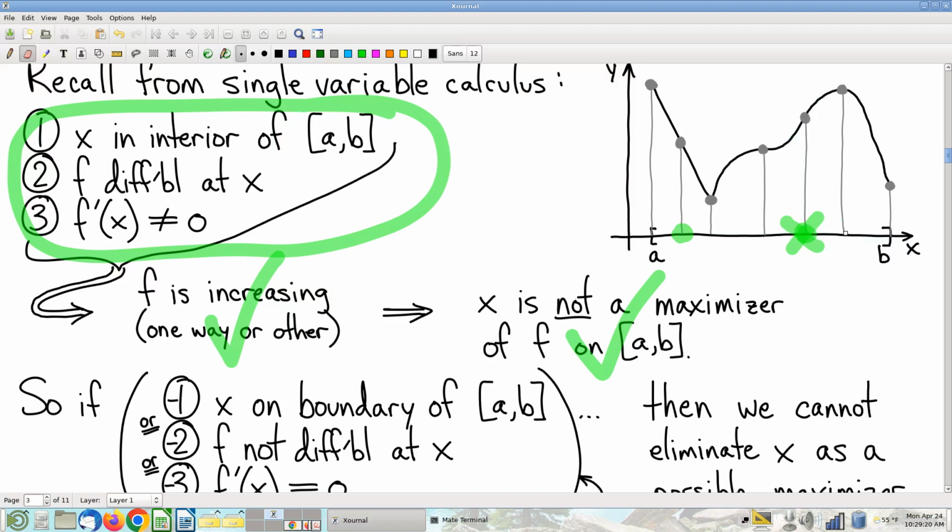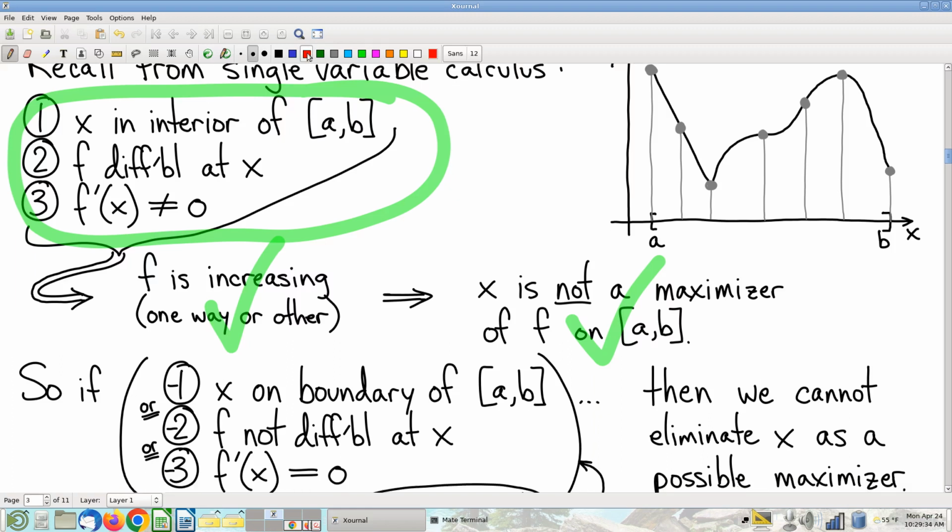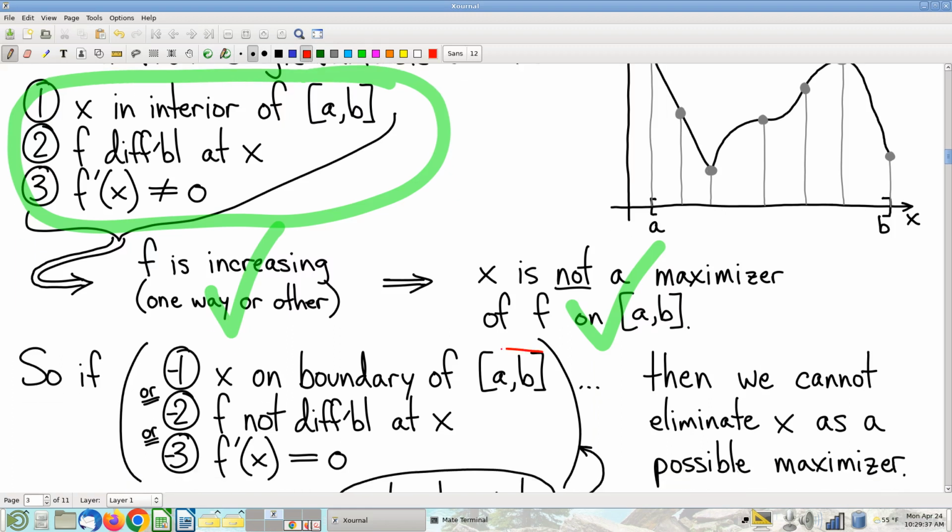Now, here's the thing, good news. This is satisfied by almost every point in the domain. Right? This argument fails only at very specific points. Namely, it fails at points where one of these conditions fails. So, if the point that you're looking at is not in the interior, and thus you kind of can't, you're up against the edge and you got nowhere to go over there, right?